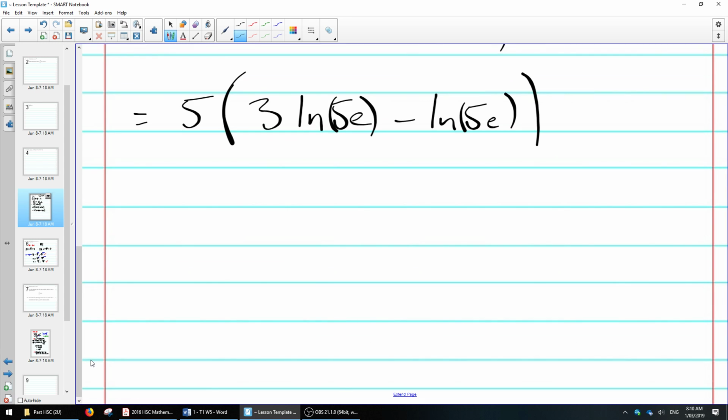Well, 3 ln 5e minus ln 5e is 2 ln 5e, right? Because if you think of ln 5e as x, so 3x minus x, 2x. And then if I'm timesing by 5, 10 ln 5e.